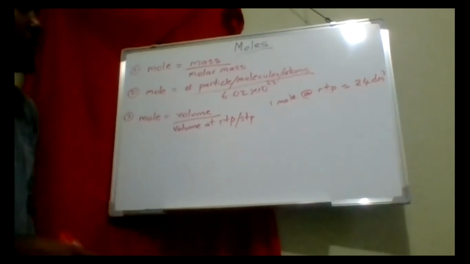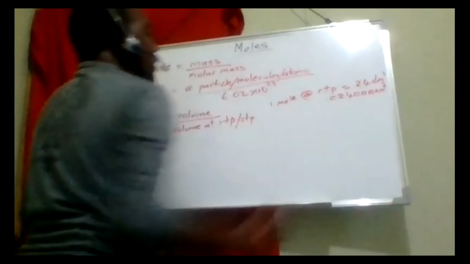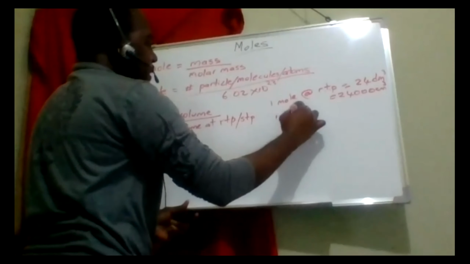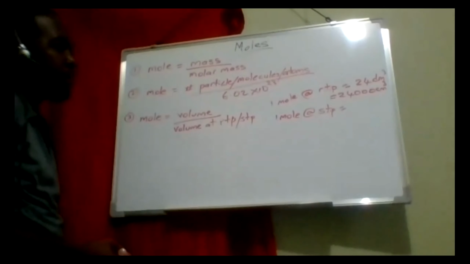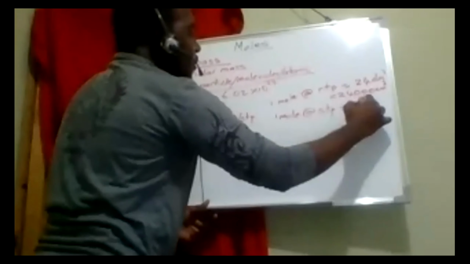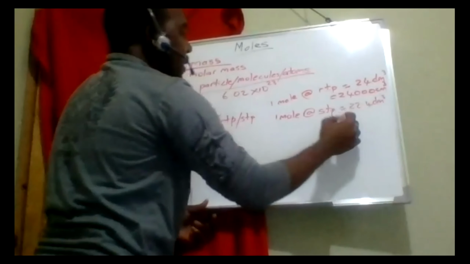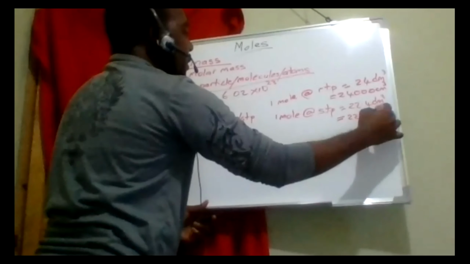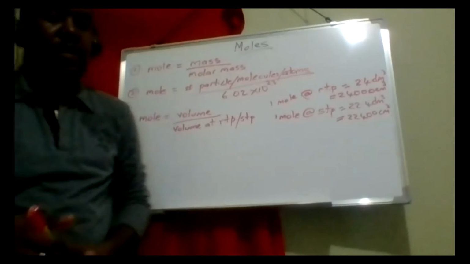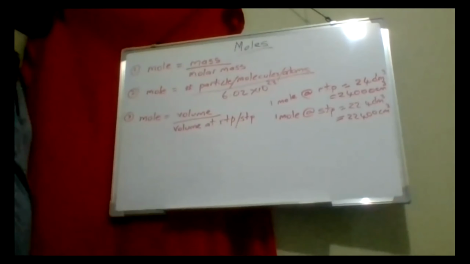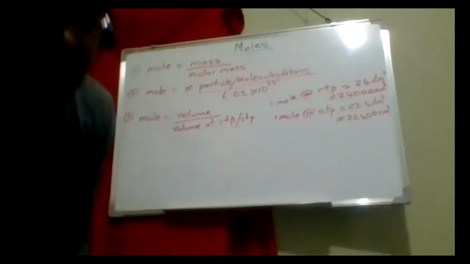And 1 mole of any gas at STP will occupy a volume of 22.4 dm cubed, and in cm cubed that is 22,400 cm cubed. For today, we're just going to focus on these three to master them first, and then next class we look at the other, which involves concentration.